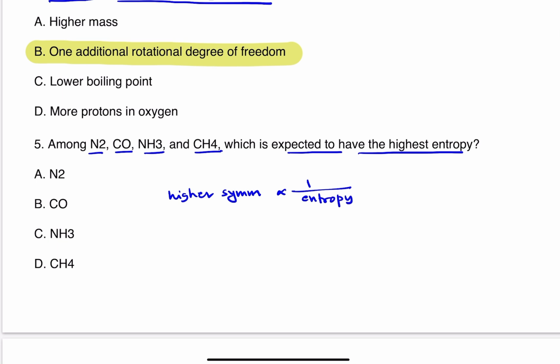So symmetry is inversely proportional to entropy. So the least symmetrical we can say is ammonia. It's polyatomic also. It has more degrees of freedom as well as it is least symmetrical. So it will have higher entropy. So correct answer should be C.